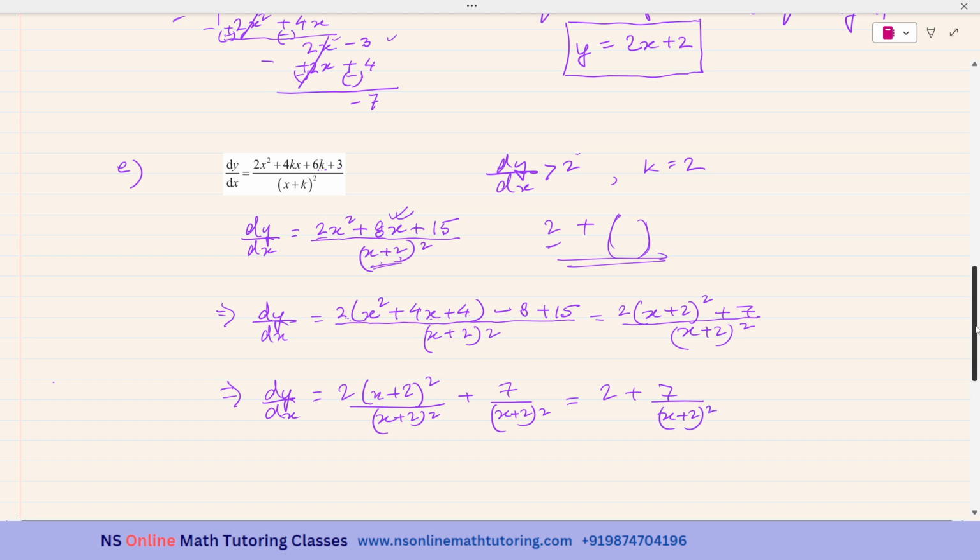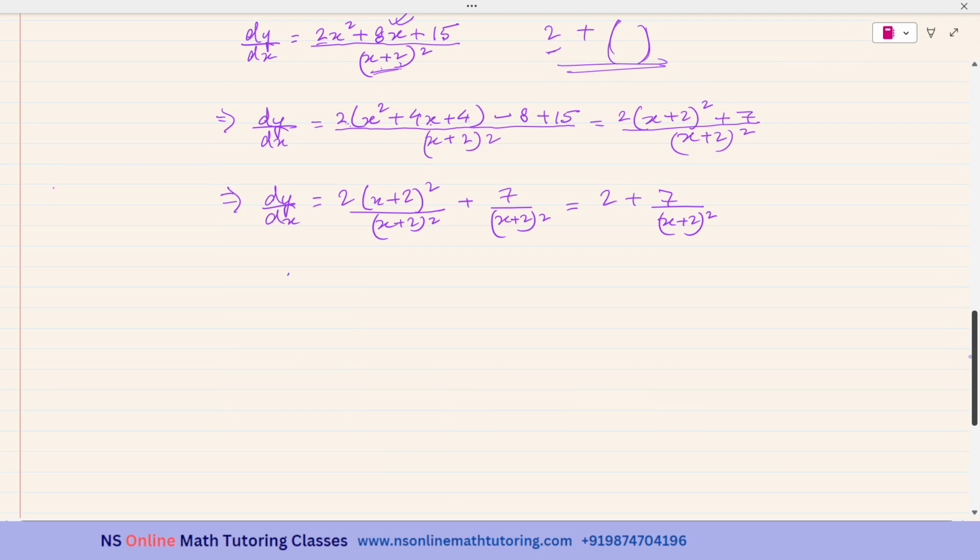Okay. Since x plus 2 whole square is always greater than 0 when x is definitely not equal to negative 2, and 7 is a positive number, 7 over x plus 2 whole square will be a positive number. And you are adding this positive number to 2. So the dy by dx expression value has to be more than 2.